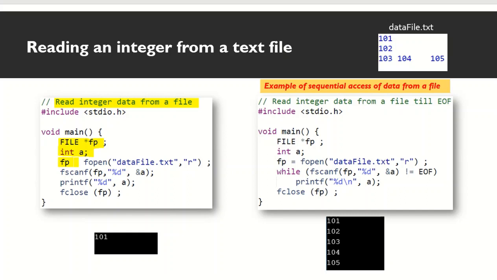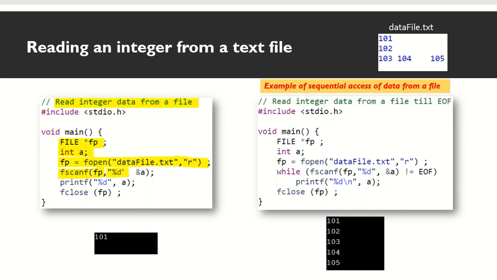Next, the operation is fp equal to fopen data file.txt comma r, for reading the integer values. Next is fscanf. I'm reading using the fscanf function. The first parameter is the file pointer. The second parameter is the type specifier.